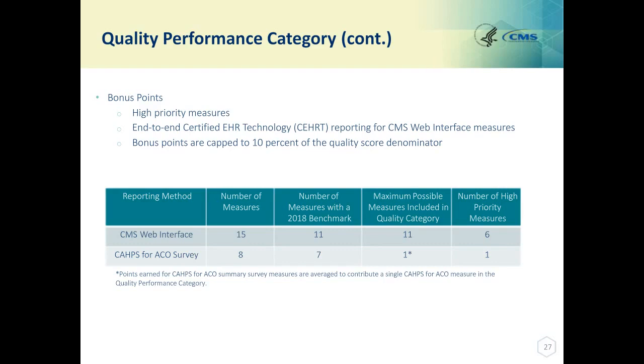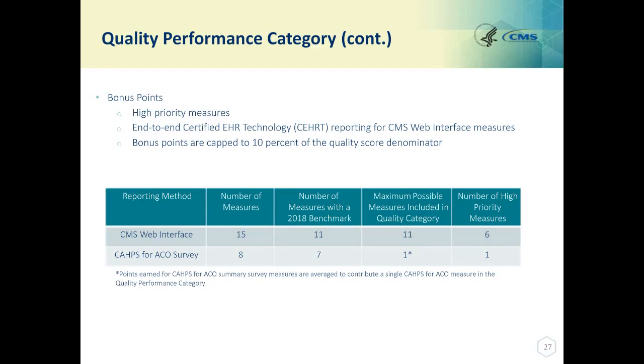Bonus points. Participants in SSP will be eligible to receive MIPS bonus points, including reporting on high priority measures, end-to-end CEHRT use, and bonus points for participating in a small practice, which under the APM scoring standard is determined at the APM entity or the ACO level, meaning that the small practice is the ACO, not your TIN or other practice level numbers.